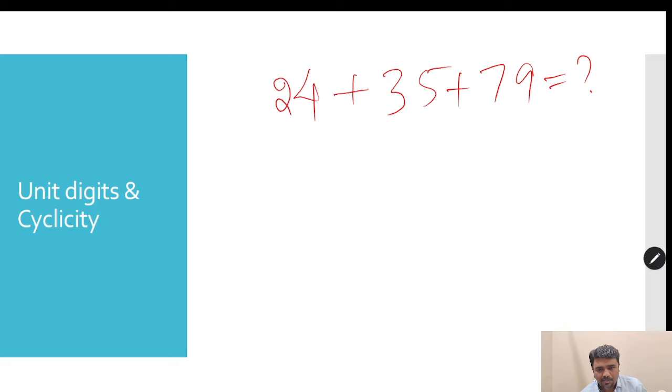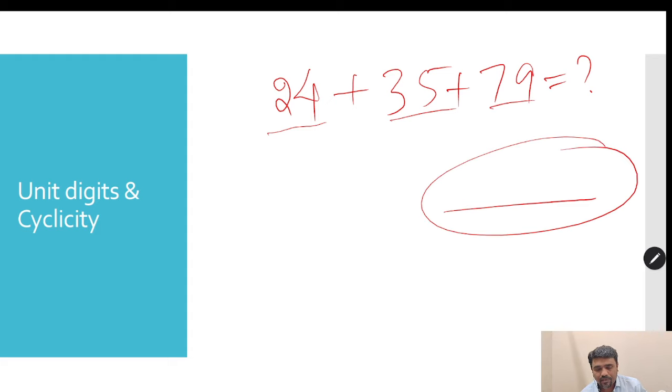If I add these numbers, I will get a certain answer. But my question is not about the entire answer. My question is only about the unit digit. Does that unit digit depend on the entire number in the answer, or only on the unit places of the given numbers?